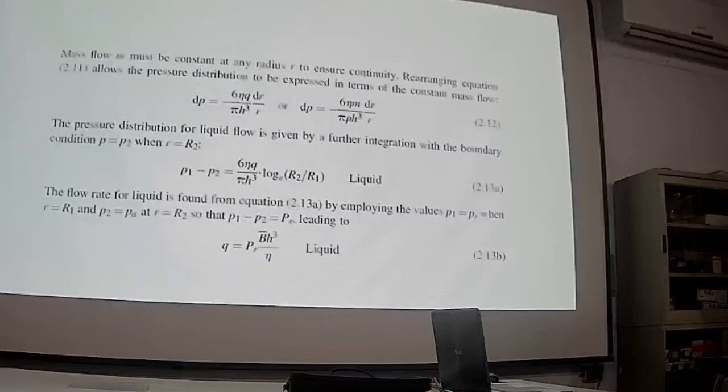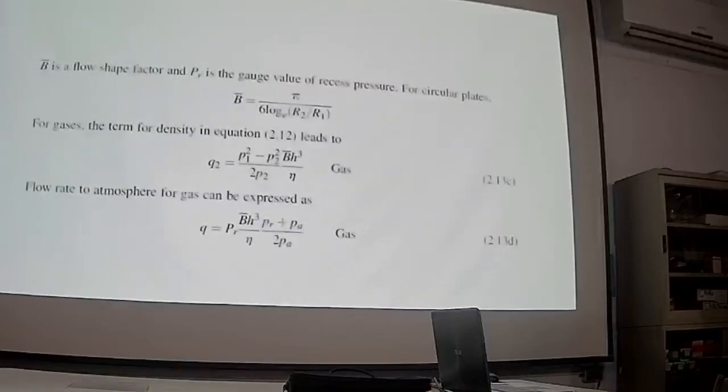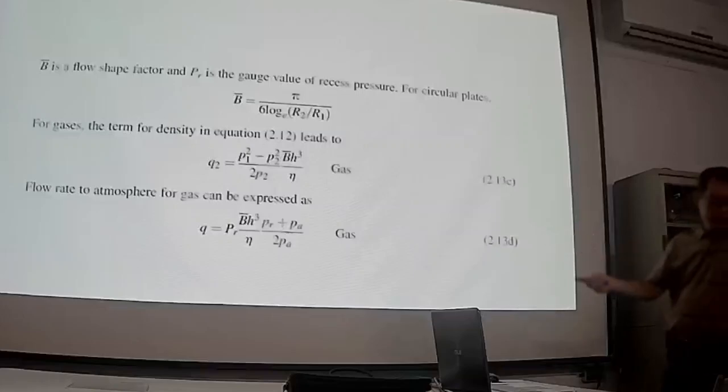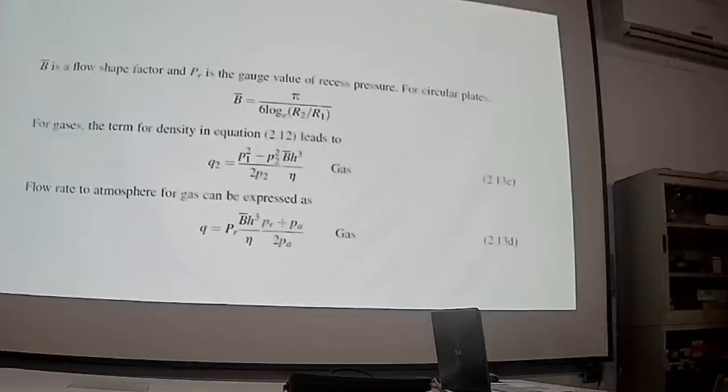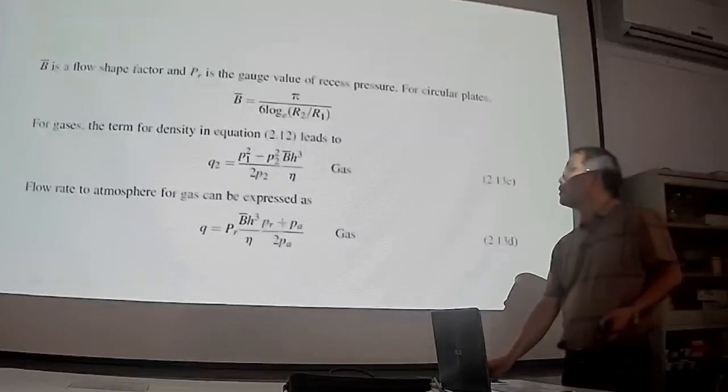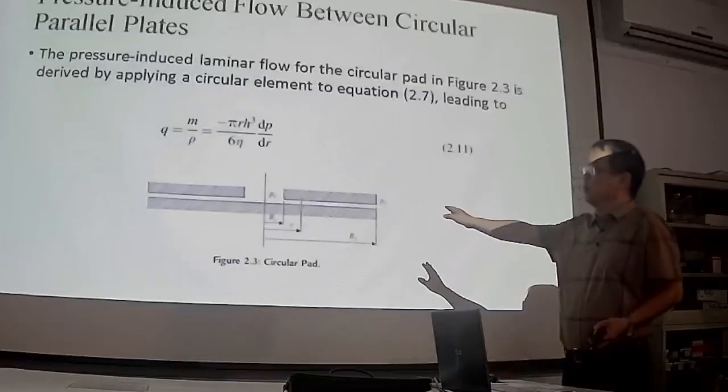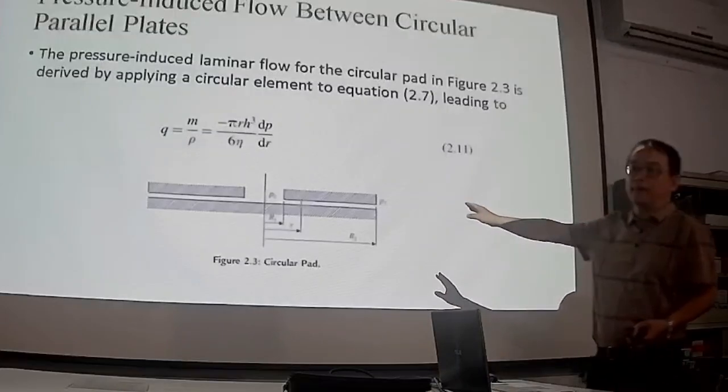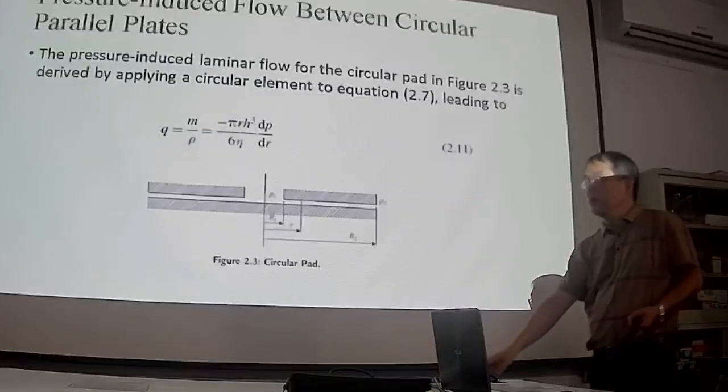So P equal to this. This one is for the gas. It's the circular bearing for the air bearing; we use the gas one.